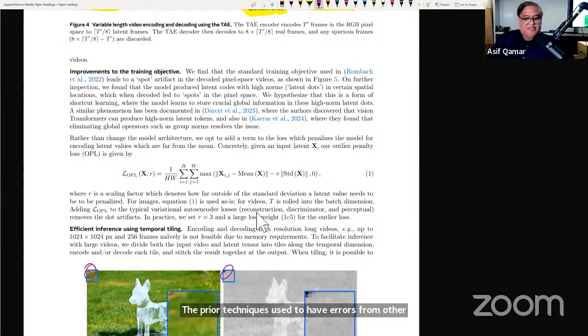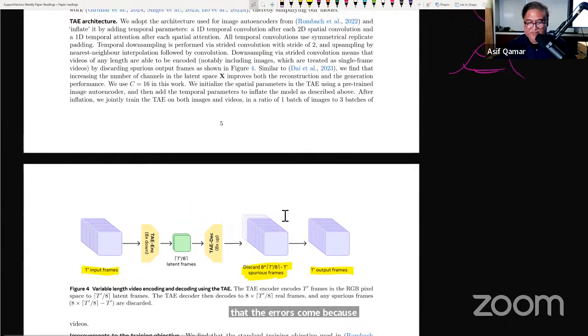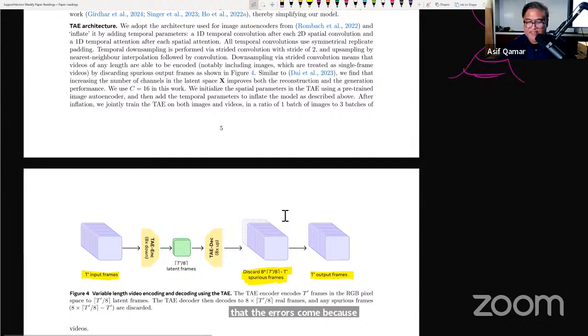They found what is the cause of these blemishes in the video generation. They found that the errors come because of the latents, the latent vectors that you generate, X. So you see that X itself will have a certain distribution of values.